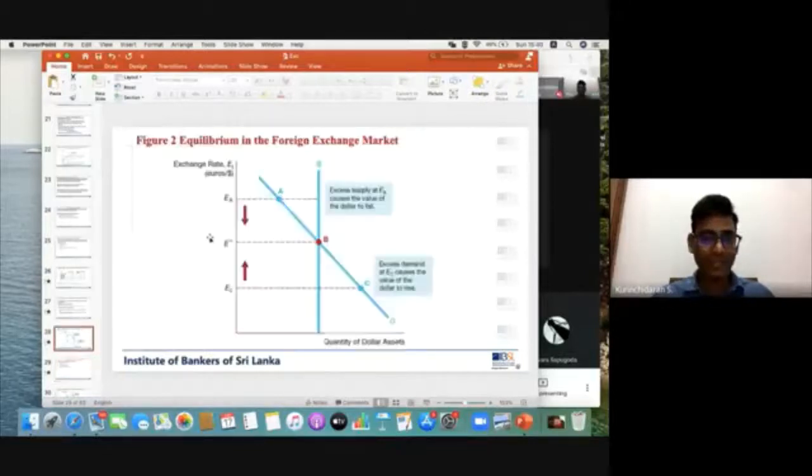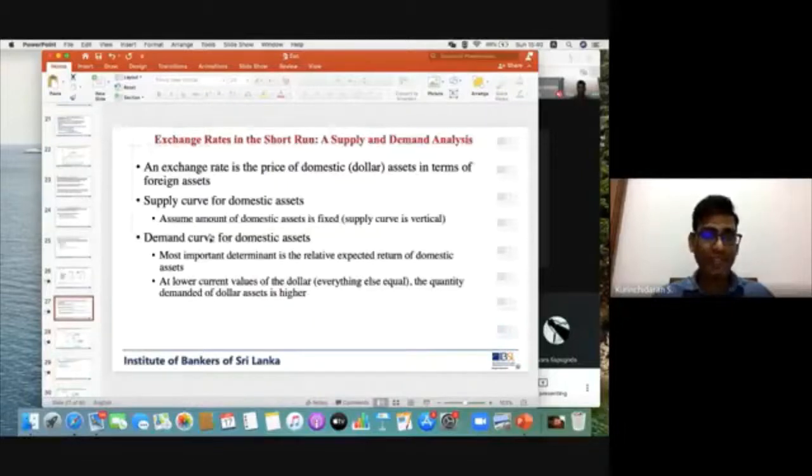Because you can see in the very first slide, the demand for domestic assets depends on two factors. One is the relative expected return. The other is the value of the dollar. Right? If the relative expected return is high, demand will be high.